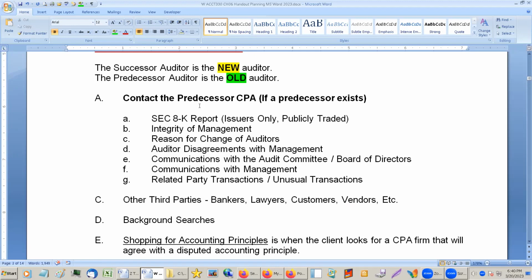So if they already have a predecessor auditor, there's already somebody in there. Now, if there was no previous auditor, obviously there's no one to contact. If it's their first audit ever, there's no one to contact.